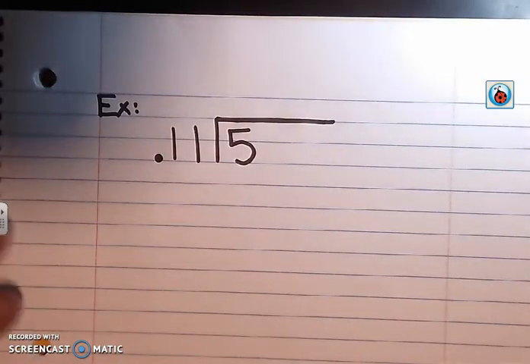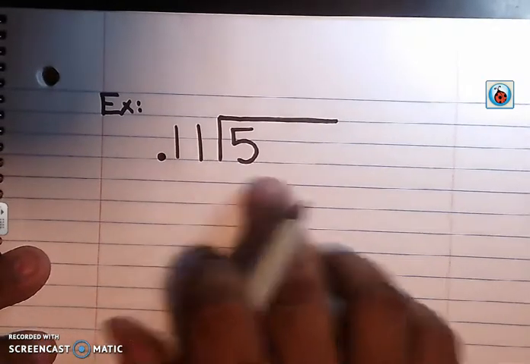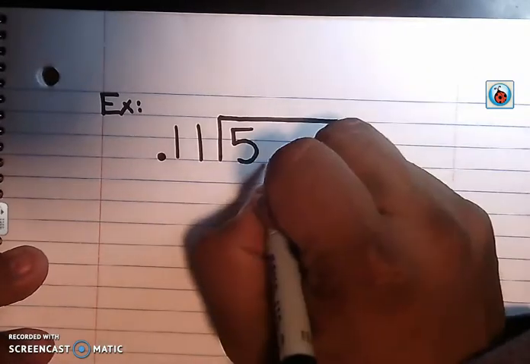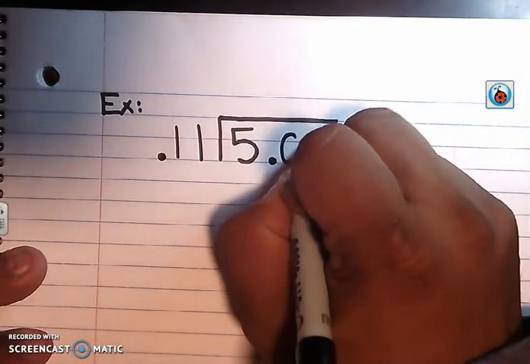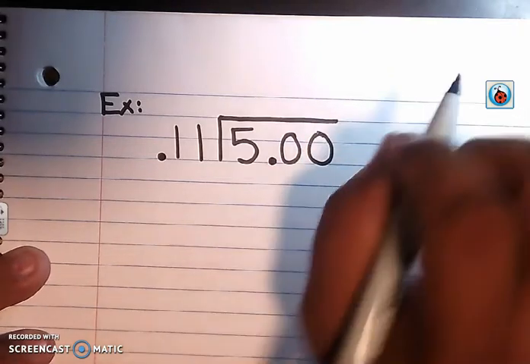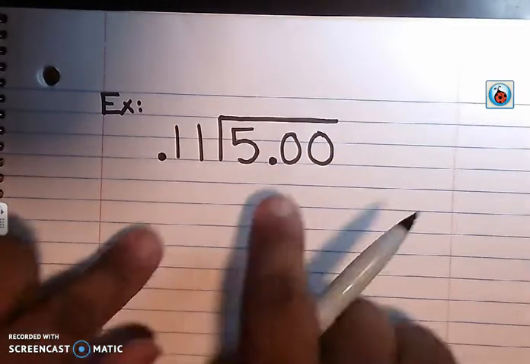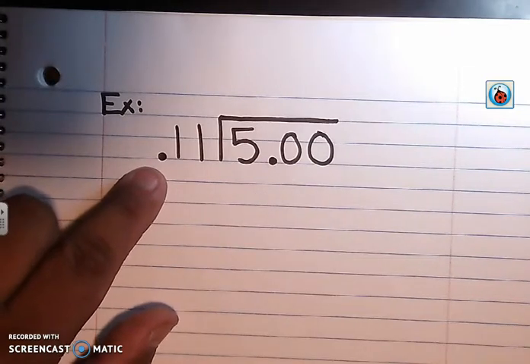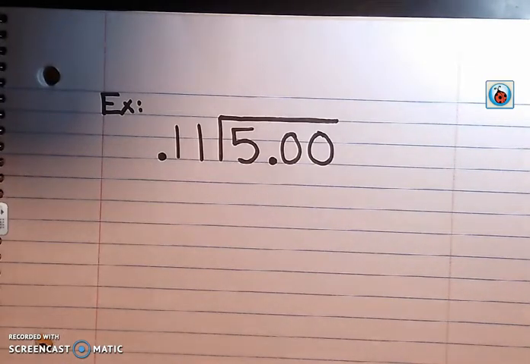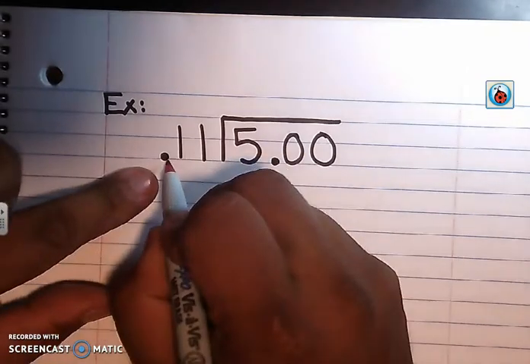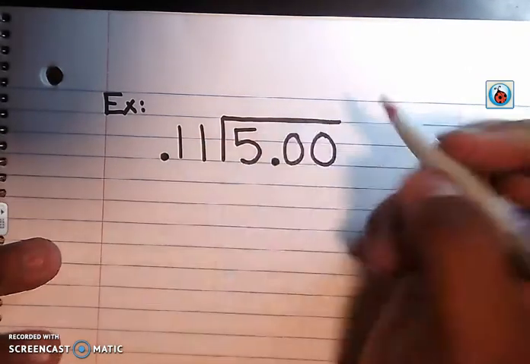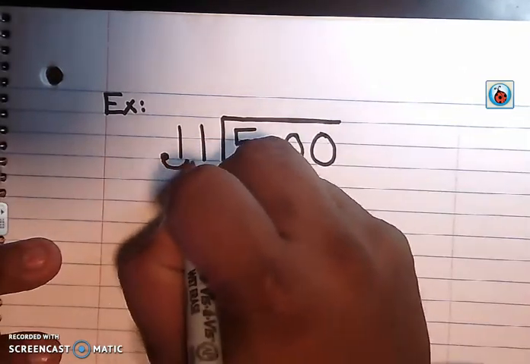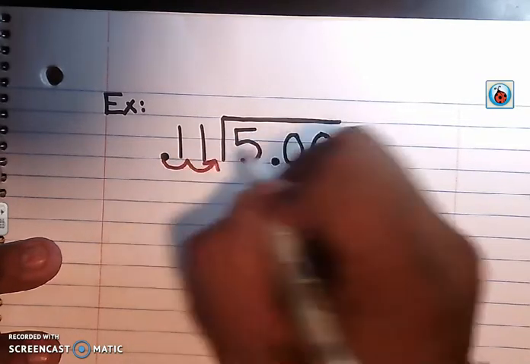So what I'm going to do is turn the 5 into $5, into money. So decimal 0, 0. So I'm doing a division problem that has decimals in it. So I'm going to remember my strategy of the decimal is my dog. And I have to get my dog back to the house. So let's do that. 1, 2.